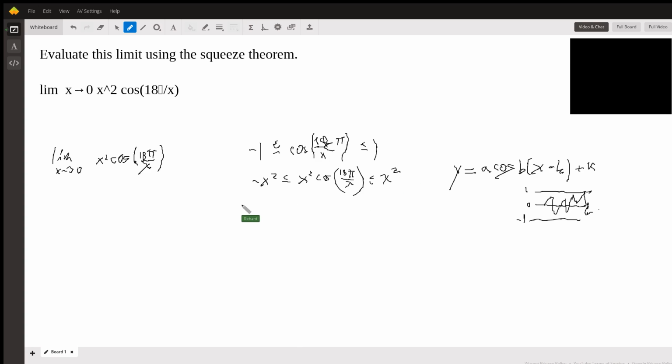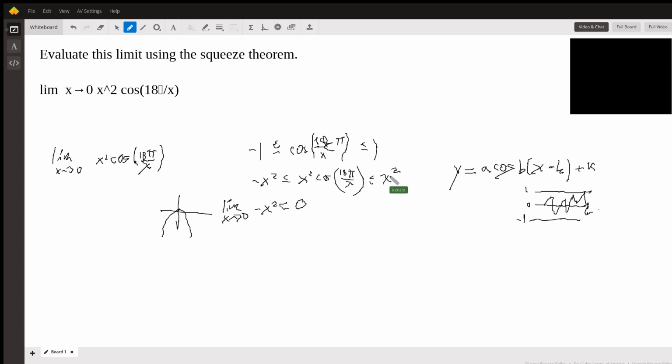Now the limit as x approaches 0 of -x squared, well, just think about the curve of -x squared. It's going to look like this. It's just a parabola that's been flipped or reflected about the x-axis, and obviously the limit as you approach 0 is going to be 0.